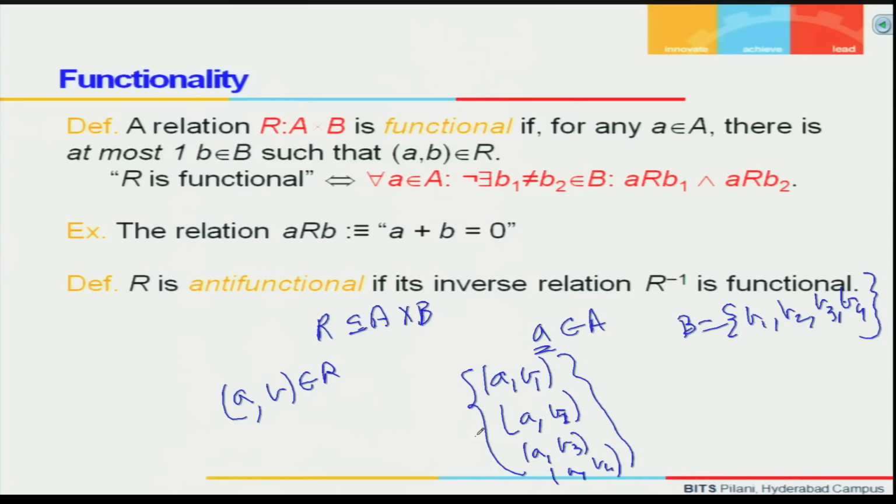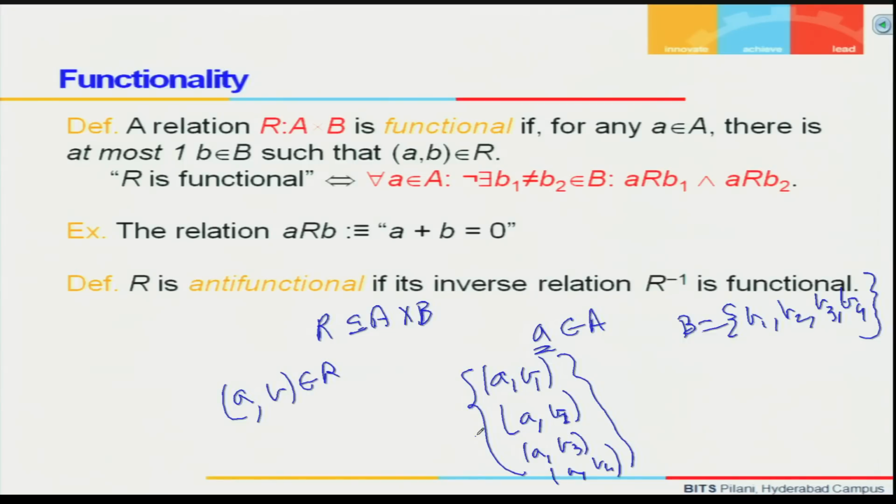Only one of them should be there in R, or none of them should be there in R, and this should happen for all elements of A. When this particular condition is happening, I call R functional, otherwise not. In fact, I will call R functional with respect to A.